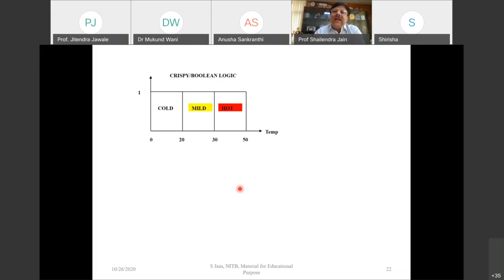So basically in crisp or Boolean logic, the boundaries are sharp. Suddenly the degree is changing from mild to hot or from cold to mild. In some cases, this is not correct. For example, first division in first division honors, second division in first division. So a difference of a very small percentage will make a huge change.